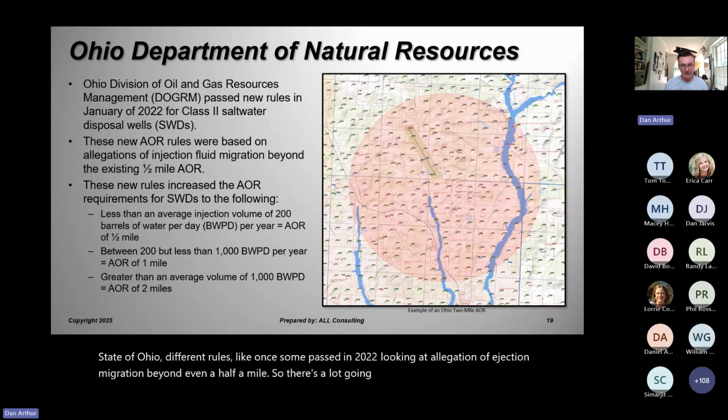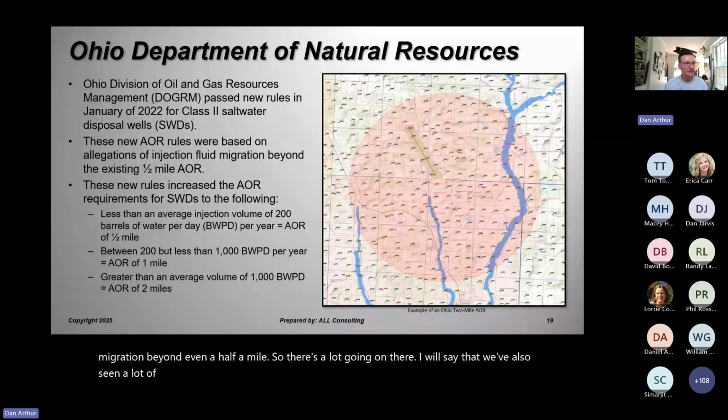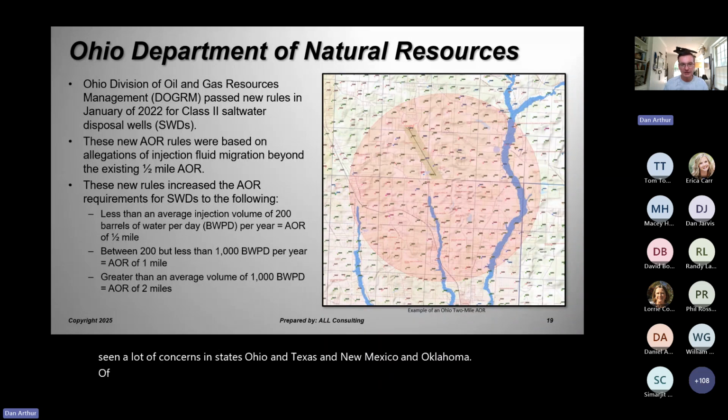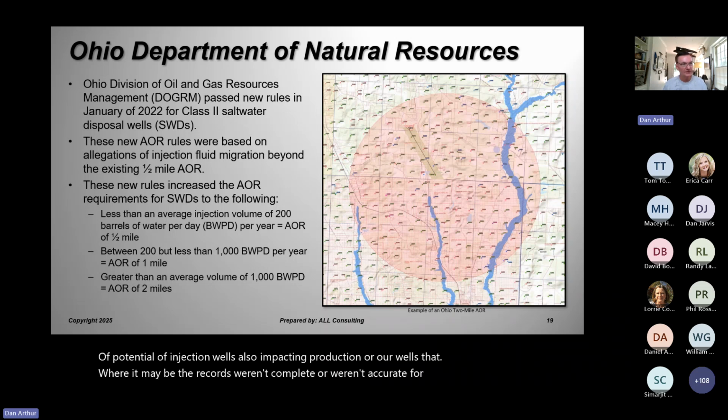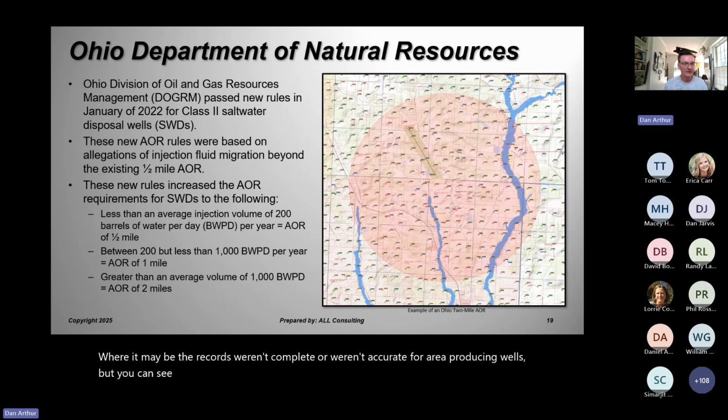I will say that we've also seen a lot of concerns in states like Ohio and Texas and New Mexico and Oklahoma of potential of injection wells also impacting production wells, or wells where maybe the records weren't complete or weren't accurate for area producing wells. But you can see when you start looking at some of these areas, the number of wells in the regions can be significant. So it's a lot to consider.